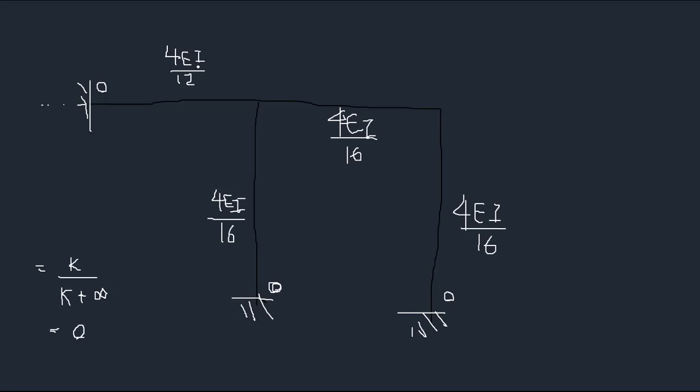And this is going to be EI over 3, right? This is going to be, everything is going to be EI over 4, right? Okay. Since this stiffness is the same for these two members, the distribution factor will be 0.5 and 0.5.